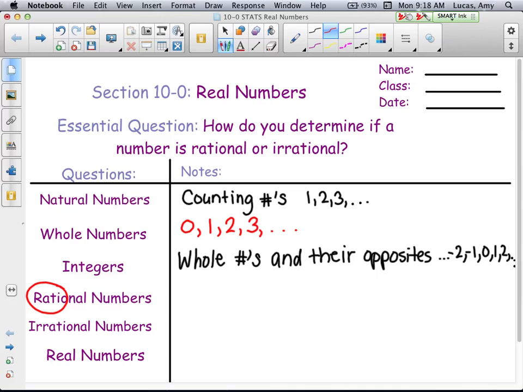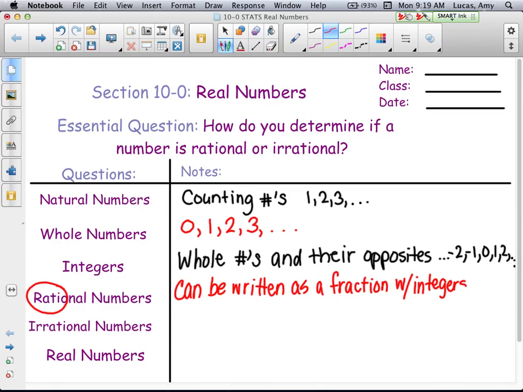So rational numbers can be written as a fraction with integers in the numerator and denominator. So the numerator and denominator have to be integers.